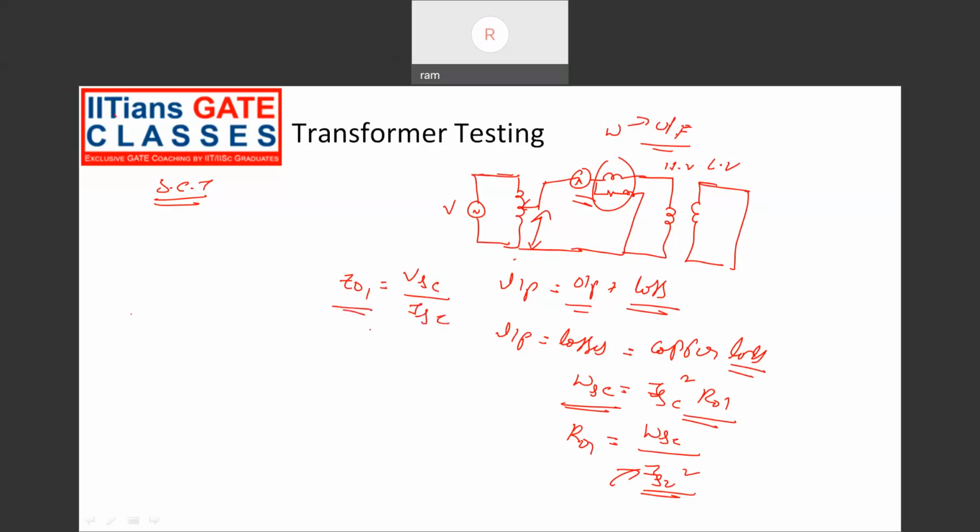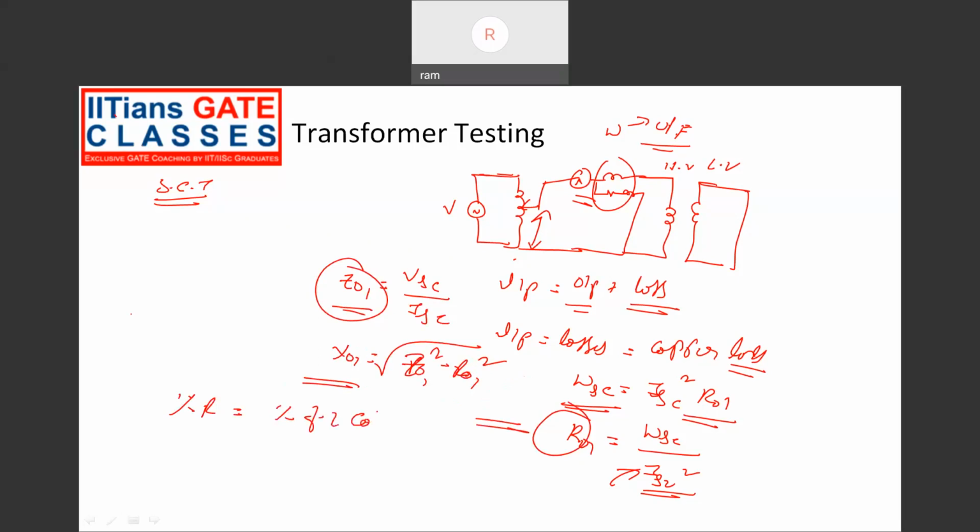Once we have R01 and Z01, X01 can be given as the root of Z01 square minus R01 square. So we are able to find the series branch parameters of the transformer as well as the variable losses. And one more point is that the percentage resistance is equal to the percentage full load copper losses for a transformer. Okay.